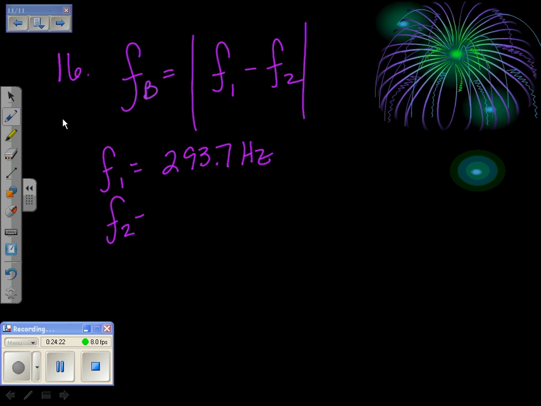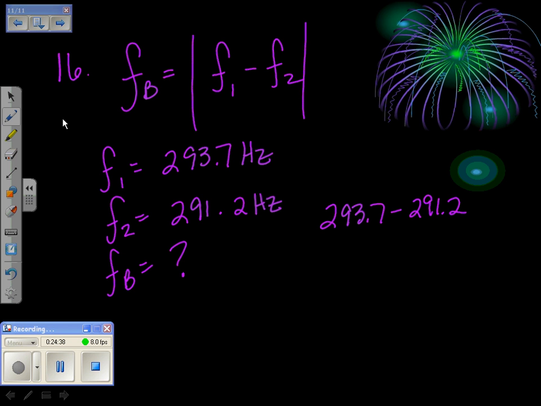We're told the second frequency heard is 291.2 hertz. We're asked to solve for the beat frequency, which is just a subtraction problem. So when we take 293.7, subtract 291.2, you get an answer of 2.5 hertz.